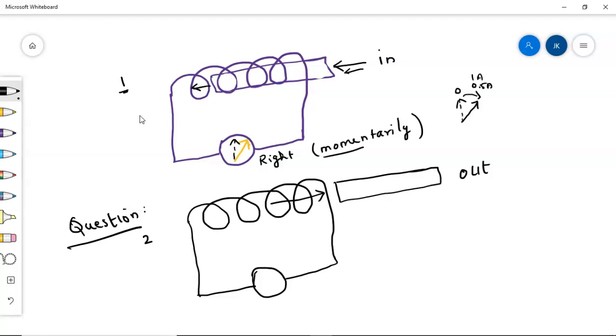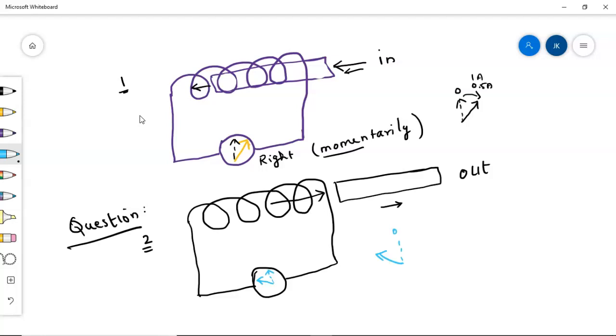And now my question is the second diagram. What if the magnet is moving out of the solenoid? When you remove the magnet out of the solenoid, the deflection will be in the opposite direction, to the left, momentarily. It will move to the left and back to zero. This is called momentary left deflection.